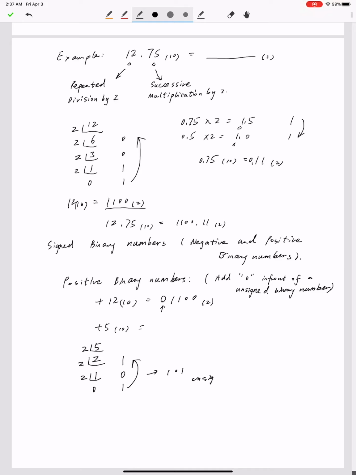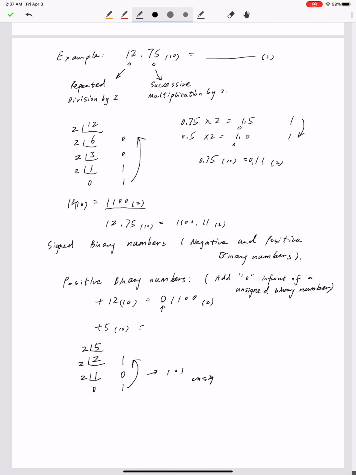It's a little bit complicated, but it's not too hard if I give you the steps to follow. So the first step to represent a negative binary number is you find the positive binary number first.